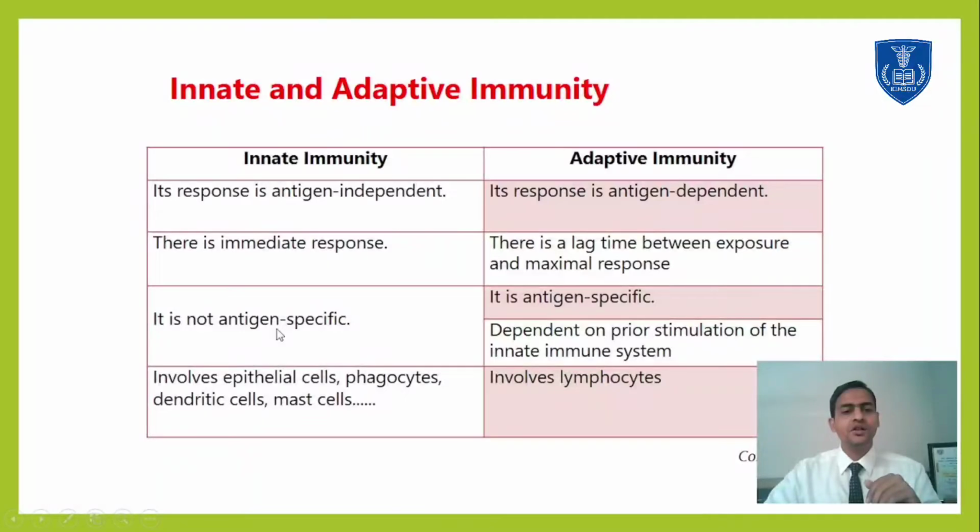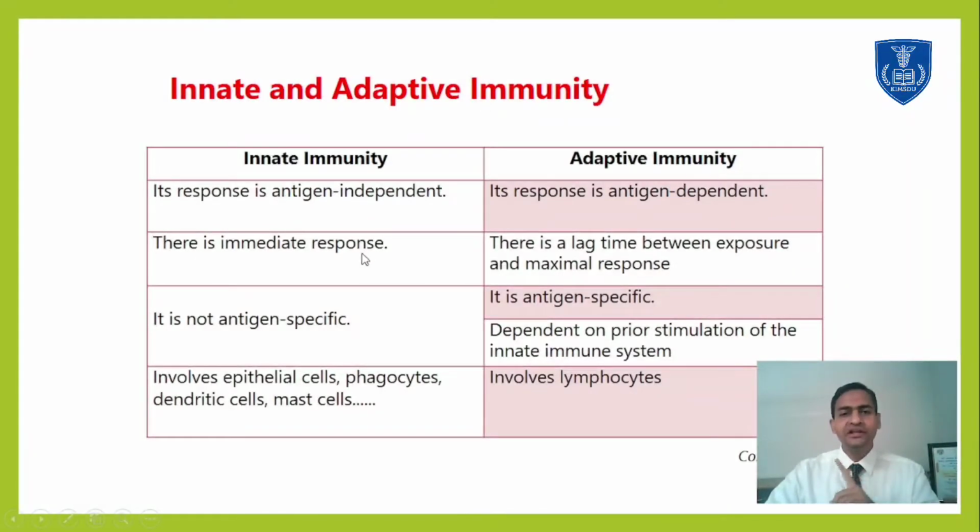Innate immunity is not antigen specific, whereas adaptive immunity is antigen specific and it depends on the prior stimulation of the innate immune response. So if a similar response has been experienced in a previous infection, then our body will have memory cells, and it will act aggressively to that particular infection.